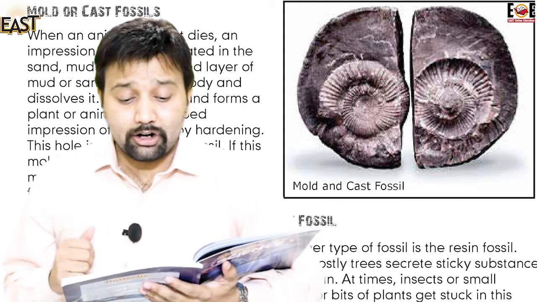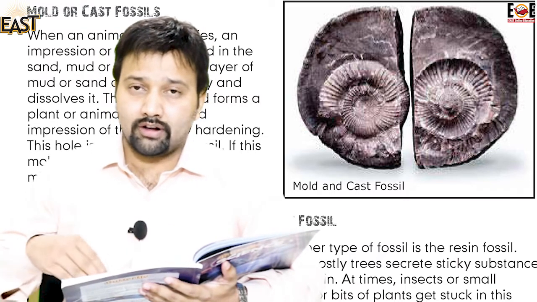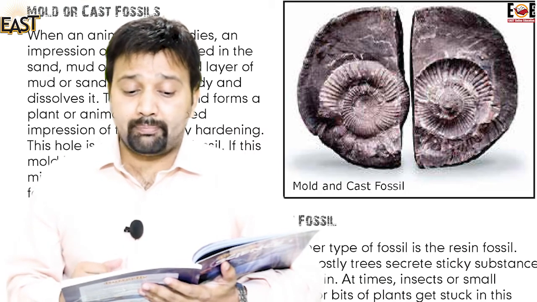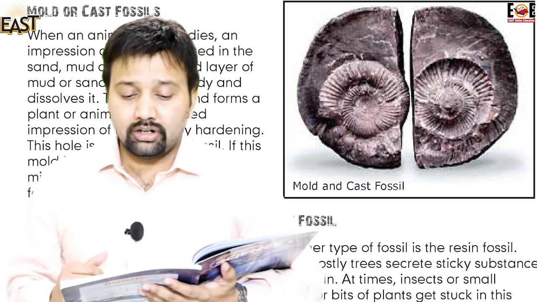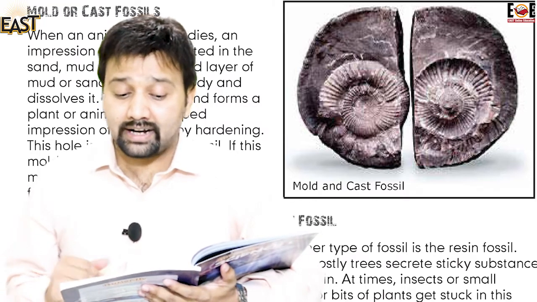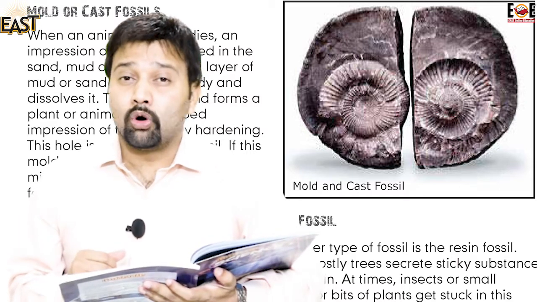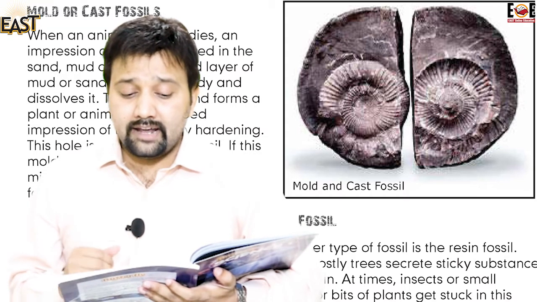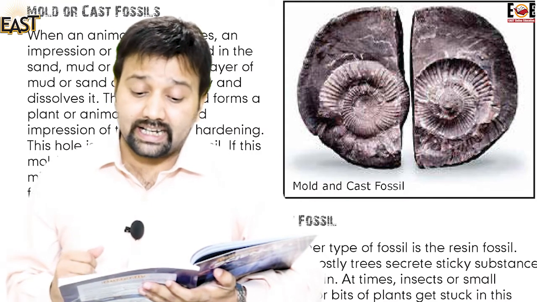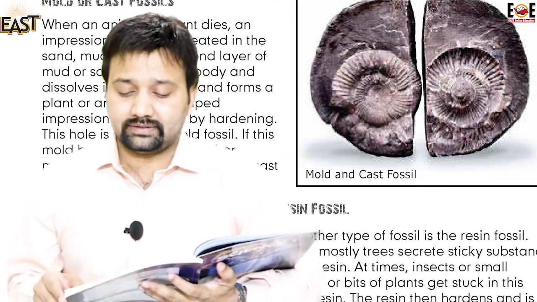A second layer of mud or sand covers the body and dissolves it. The mud or sand forms a hole-shaped impression of the body by hardening. This hole is called a mold fossil. If this mold becomes filled with other minerals, then the rock is called a cast fossil.